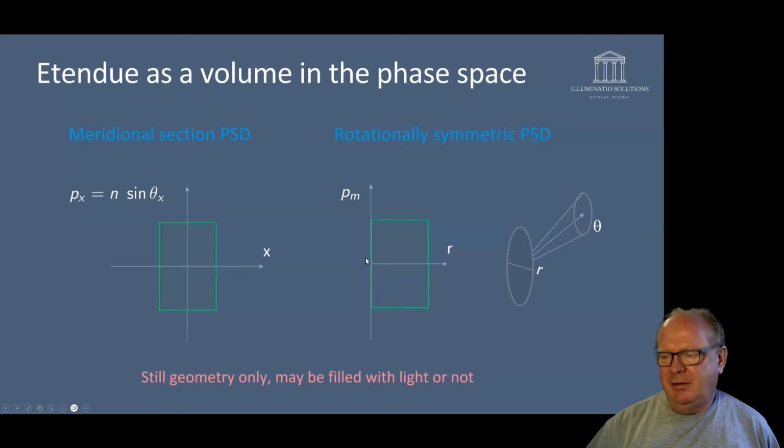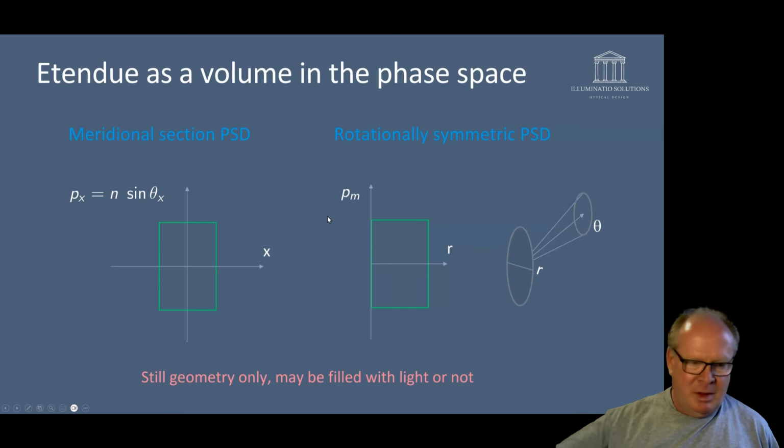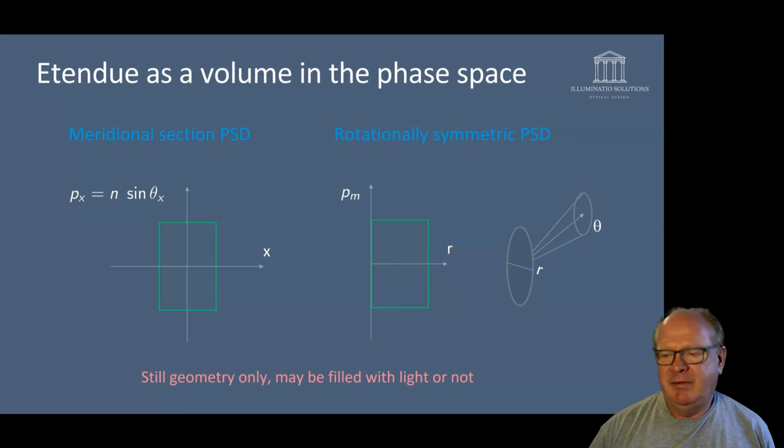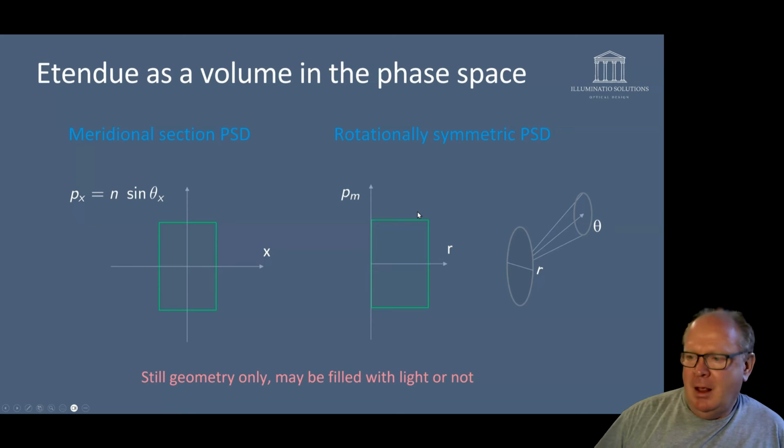Or I can have it on the right in the rotationally symmetric diagram, in the radial extent and the angle. So these are plots of Étendue in my phase space diagrams. And so we are still talking about geometry only. There is no statement whether there is light in the Étendue or not. This is not yet discussed.